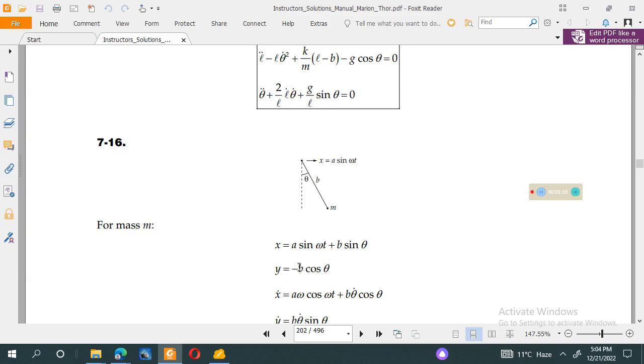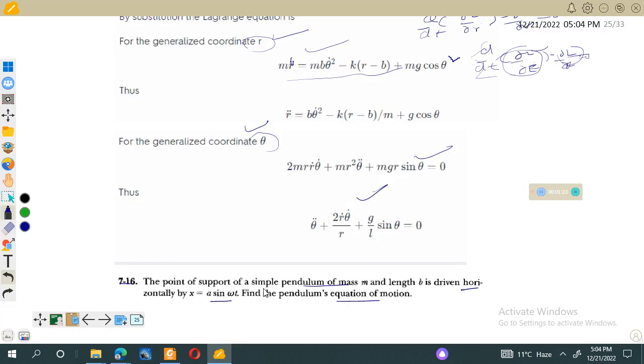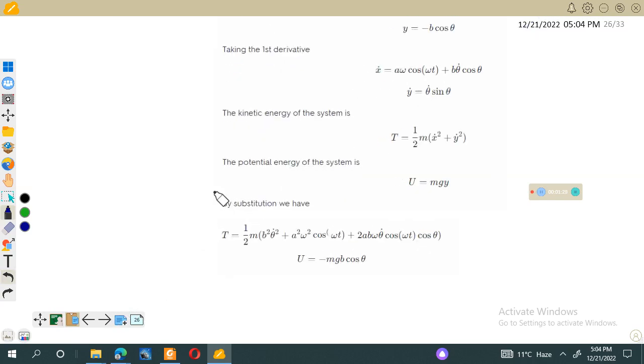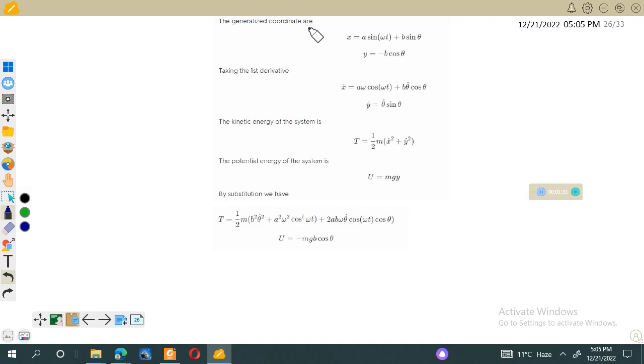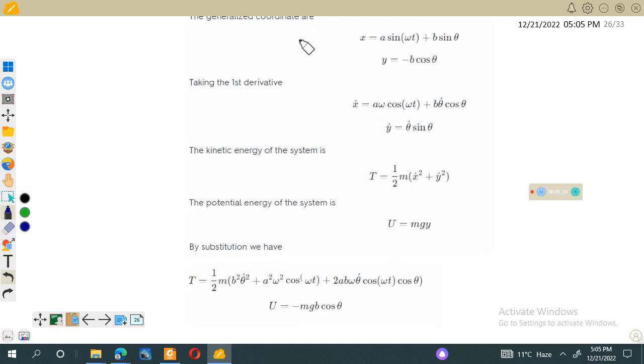Then we will need x dot and y dot. If I draw the diagram and resolve this length b into two components, in front of theta will be b sine theta, and this will be b cos theta.